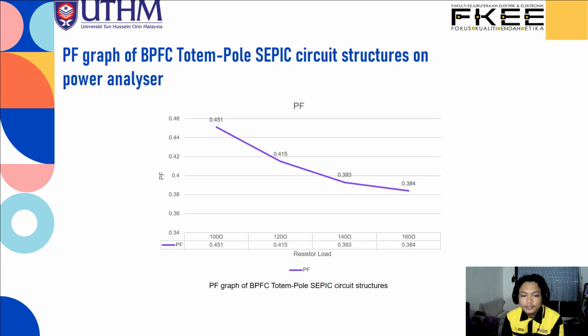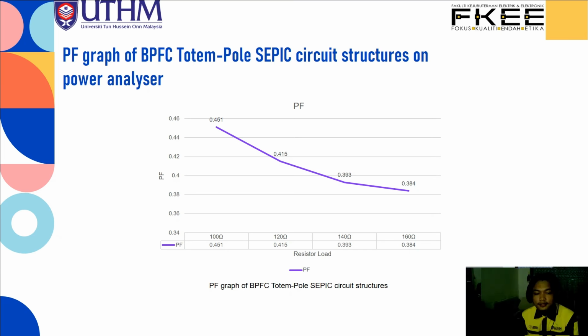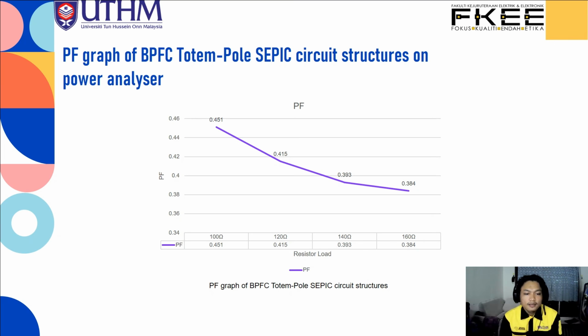For 120 ohm we got 0.4415. For 140 ohm we got 0.393, and for 160 ohm we got 0.384. According to this graph, we can conclude that the lower the output resistor load, the better the power factor.